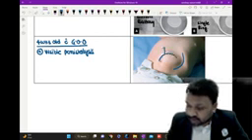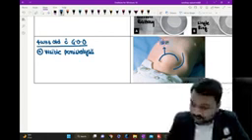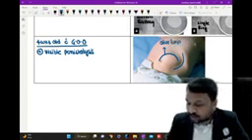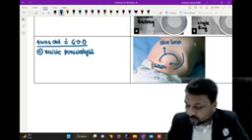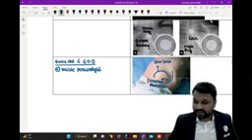This is what we call the olive lump presentation, and this is what we call the scaphoid, that is boat shaped abdomen.